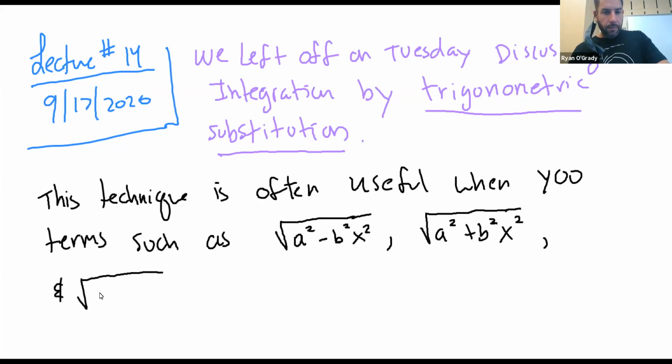So if we have something like a squared x squared minus b squared.